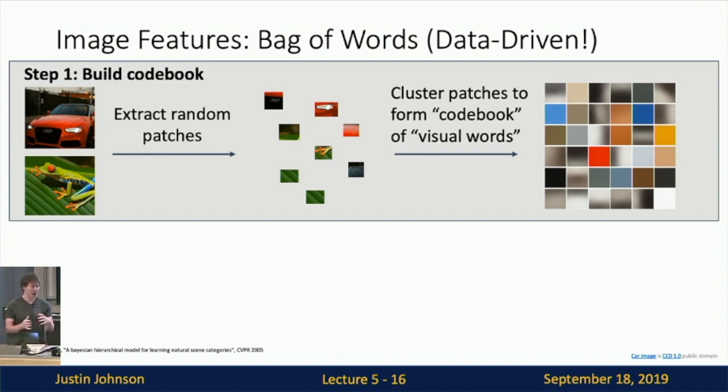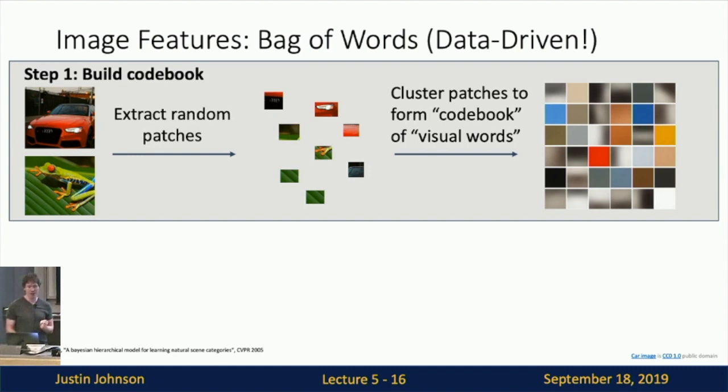Here, the idea is that we have some large training set of images, and from our training set, we're going to extract a large set of random patches of various scales and sizes and perhaps aspect ratios, cropping out random bits of all of our training images. And then we will cluster all of those random patches to get what is called a codebook, or a set of visual words that can represent what types of features tend to appear in our images.